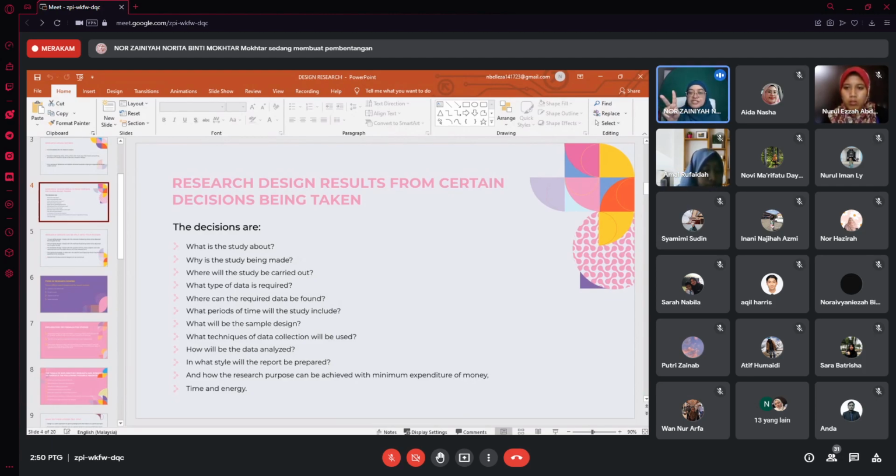When we talk about research methodology, we talk about the types of approaches. One is qualitative, the other one is quantitative. Qualitative designs, like exploratory, are normally qualitative. Ethnography is qualitative because you do observation.